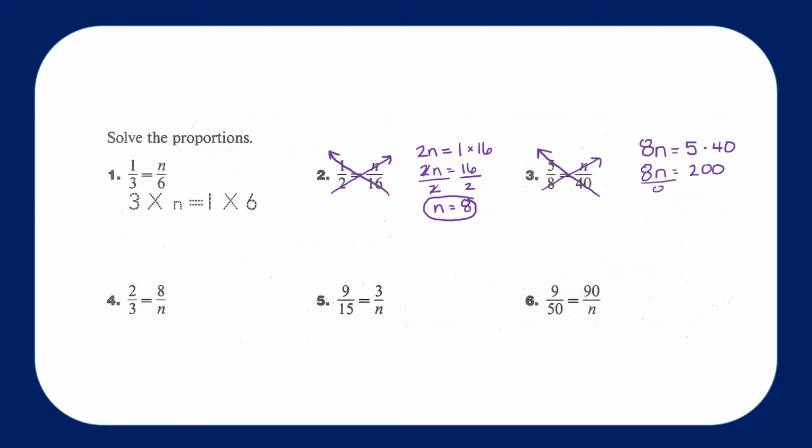Divide by 8, divide by 8, n equals, I'm going to do the work up here, 200 divided by 8, 16, 40, n equals 25.